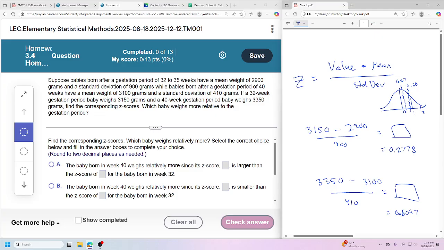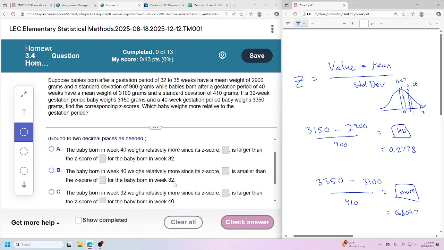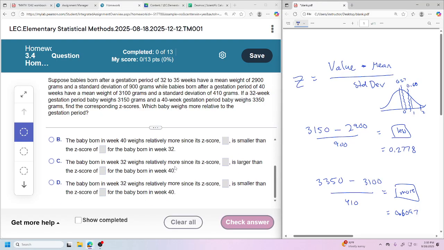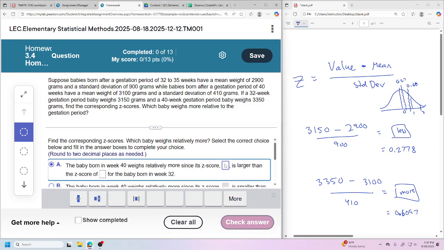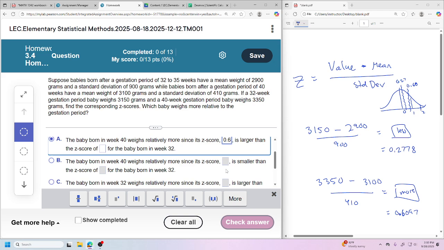So, which one weighs more relatively? I would say this one is more, and this one's less relatively, but only by a little bit. So the baby born at the 40 weeks is more. Oh, here, 32. It's the 40 that weighs more, with a z-score of 6.